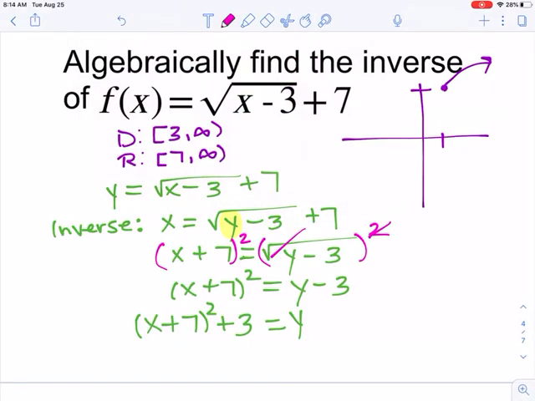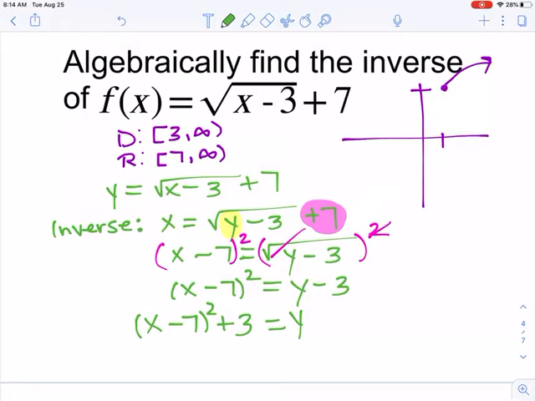All right. Mrs. Homan made a mistake. Who sees it? Okay, I'm going to use my highlighter here. This 7 right here, how do we get it to the other side? We would subtract it. So this should be minus 7.